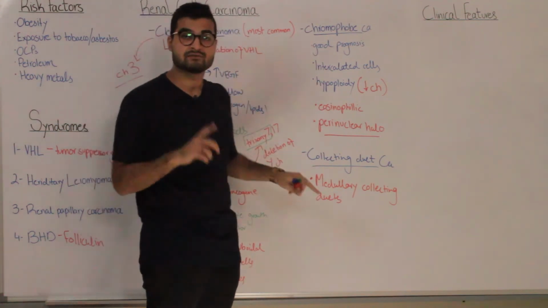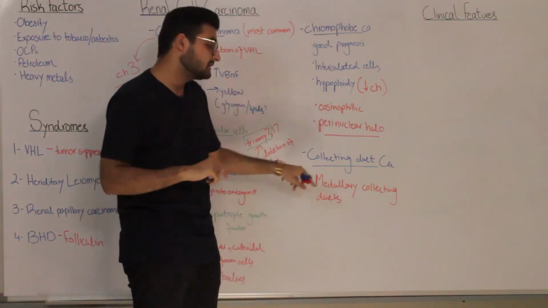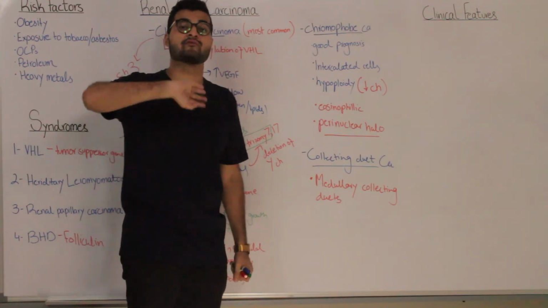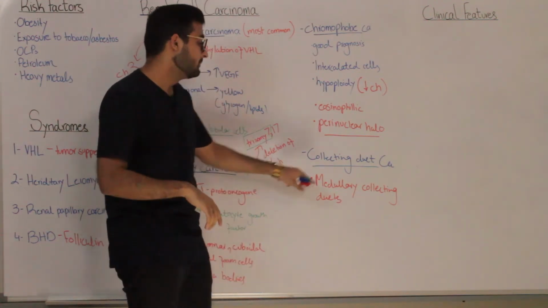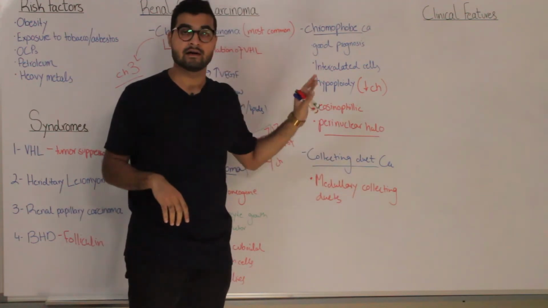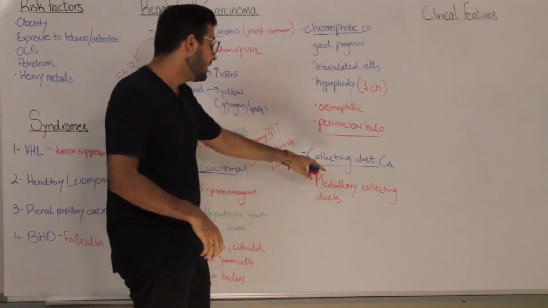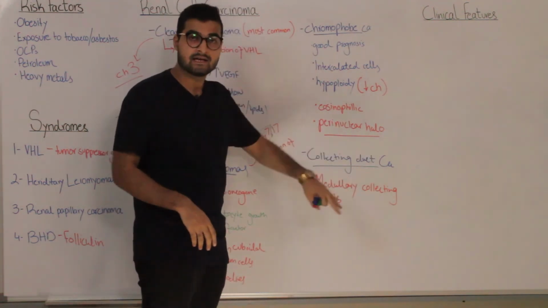So in patients with sickle cell anemia you have medullary carcinomas, and medullary carcinomas have a very similar morphology to collecting duct carcinomas. So they involve the medullary collecting ducts.